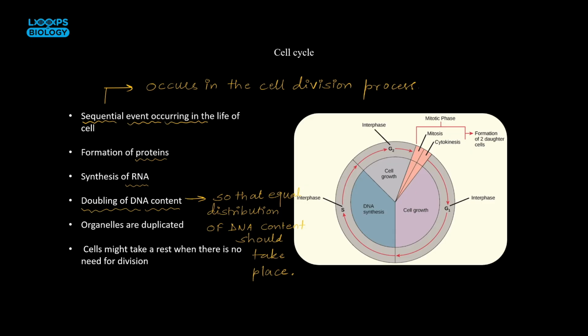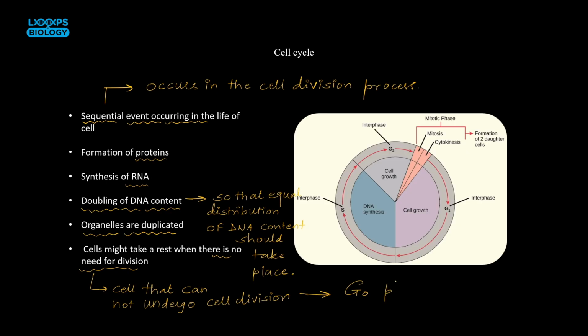The organelles also have to duplicate. Similarly, as the DNA content is doubled, the organelle number is also going to double, and the cell might take rest when there is no need of cell division. This rest is very important. If a cell cannot undergo cell division, where should that cell go?